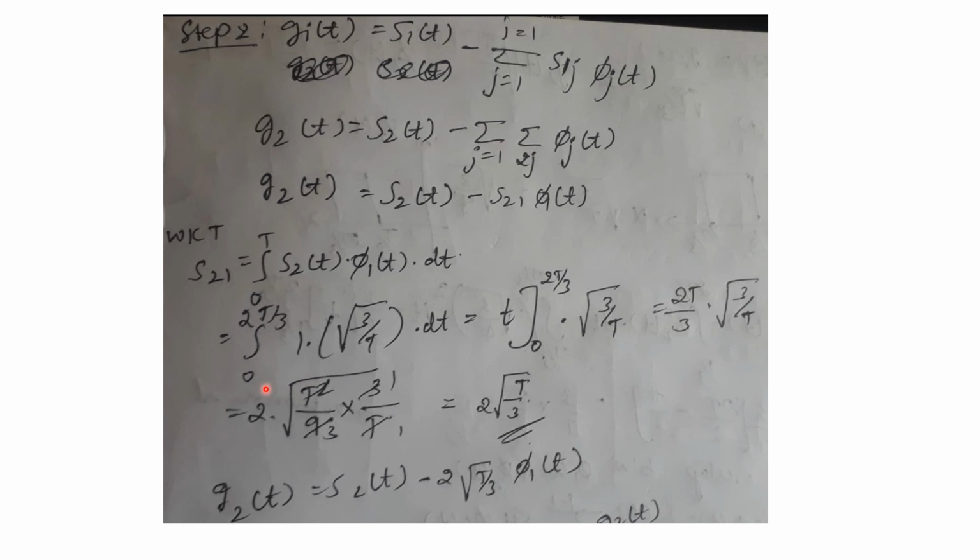Here the limits vary from 0 to 2T by 3. Integral of 0 to 2T by 3, s2 of t here is 1, into phi1 of t, we got square root of 3 by T, dt. After integration, we get t with the limits 0 to 2T by 3. Finally, after simplification, s21 is equal to 2 into square root of T by 3. Now we have to find g2 of t, which is s2 of t minus 2 into square root of T by 3 into phi1 of t.